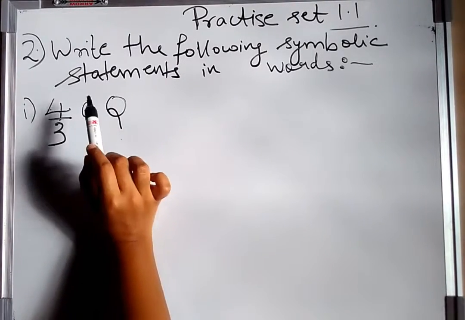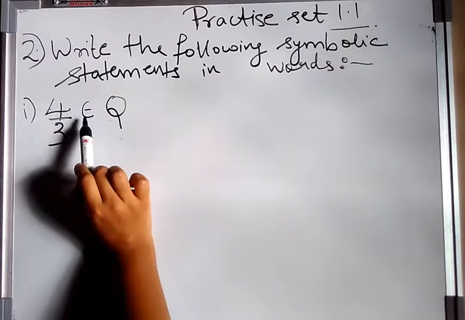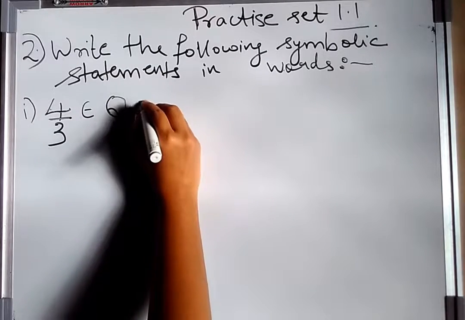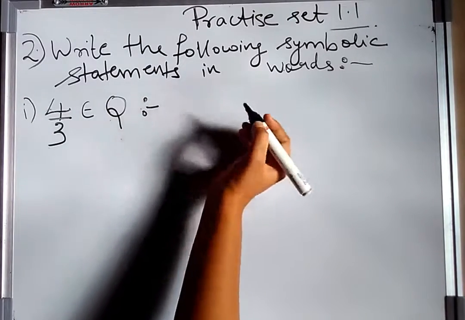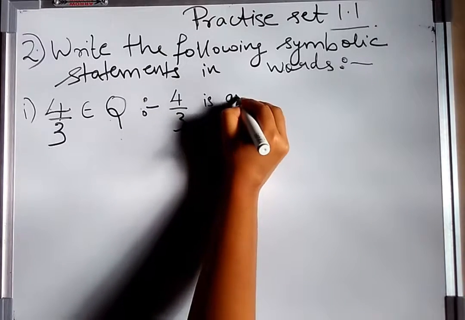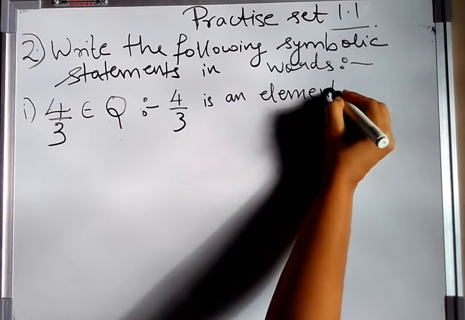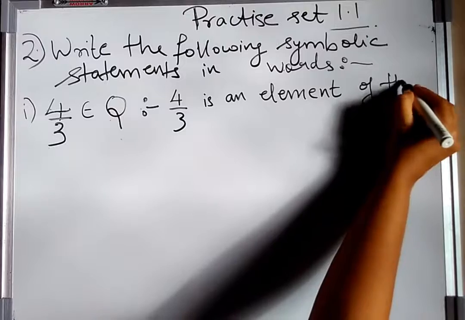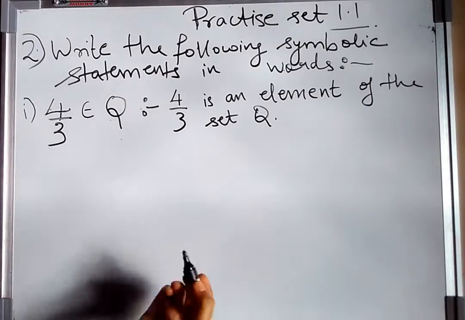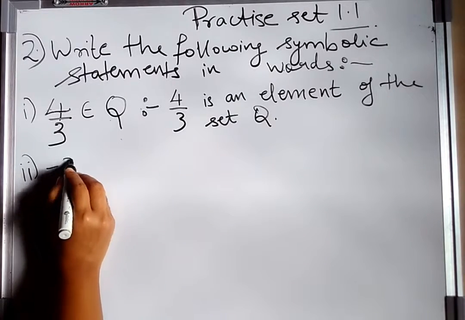So 4 by 3 belongs to the set capital Q, or 4 by 3 is an element of the set capital Q. So in words we have to write it as 4 by 3 is an element of the set capital Q. Simple.